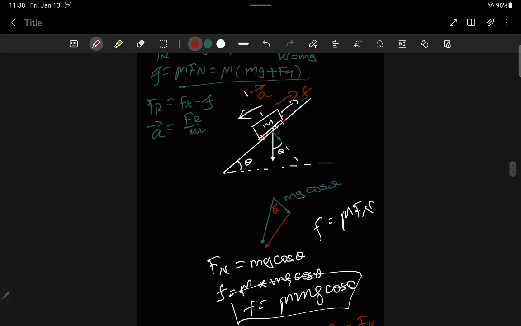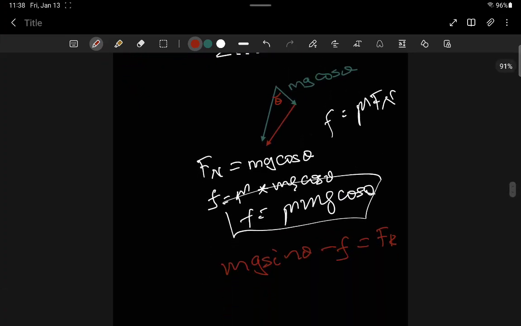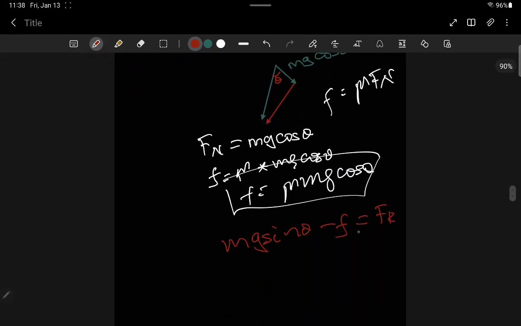There are two forces acting on this mass. One is the friction resisting the motion, and the other is the sine component of the weight driving the mass down the slope. Now this is the expression for the resultant force. But we know the frictional force is mu times the normal force, and the normal force is the cosine component of the weight.